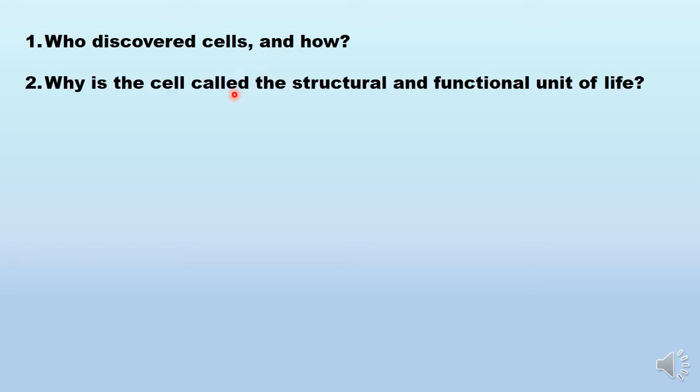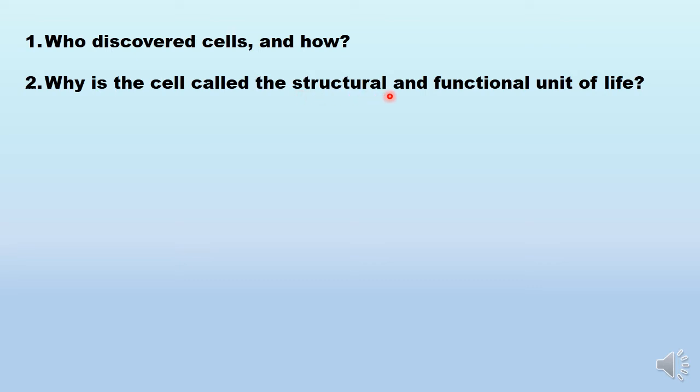Why is the cell called the structural and functional unit of life? This is something we have discussed at length, so let us try to revise that concept. You have to explain both the terms, structural as well as functional. So remember, cell is that smallest unit which forms the structure of all living organisms, whether that organism is unicellular or multicellular.